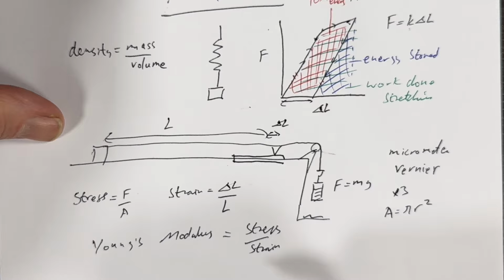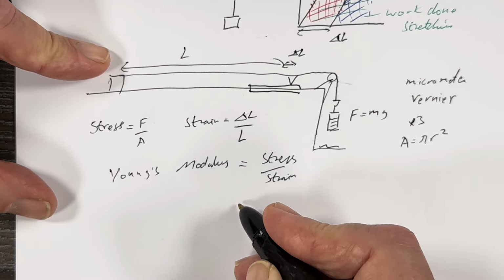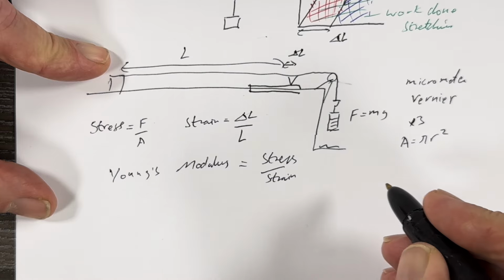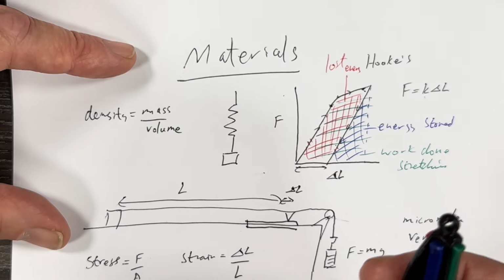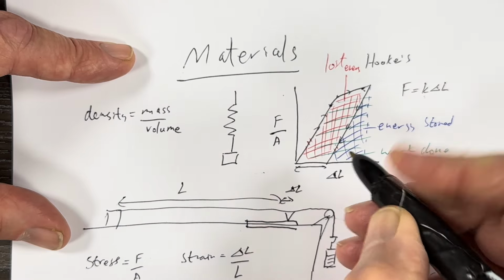And then we can get that from this graph. I'm just going to cheekily modify this graph. Going to make that into force over area.